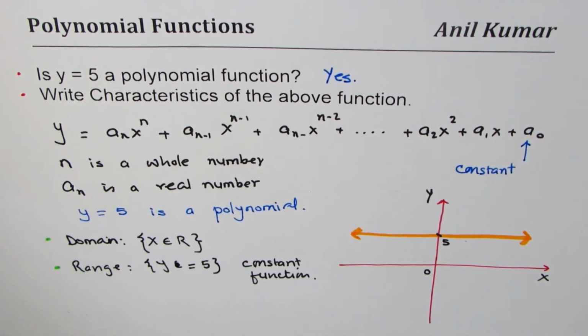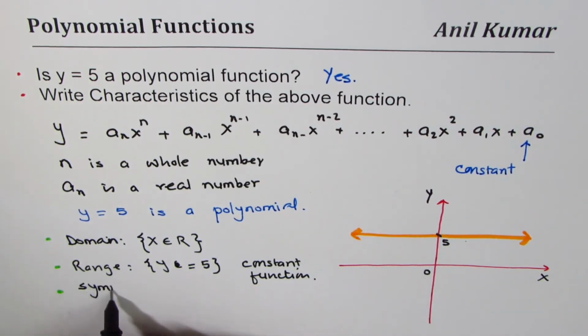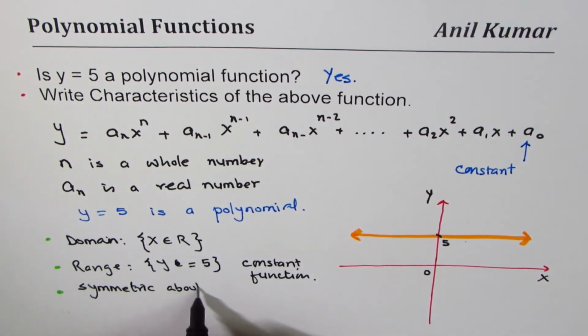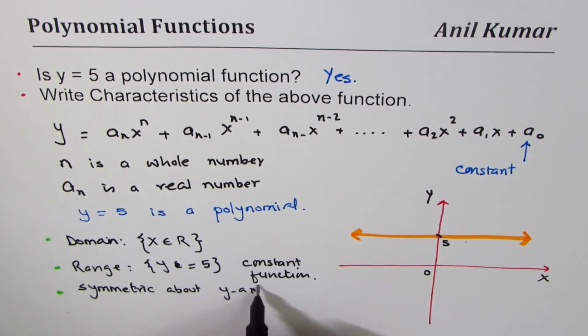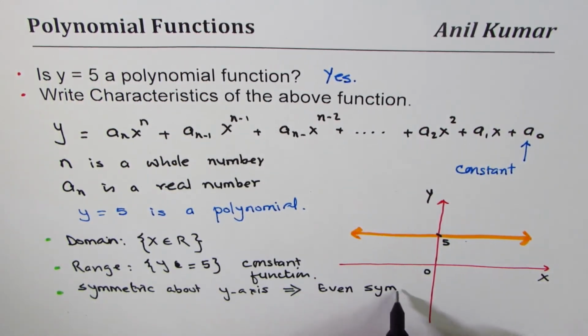The others could be, how about symmetry? It is symmetric about the y-axis, so that means it has even symmetry. That's a good characteristic, even symmetry.